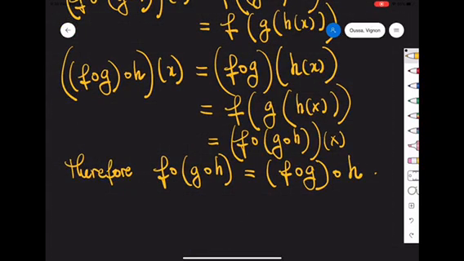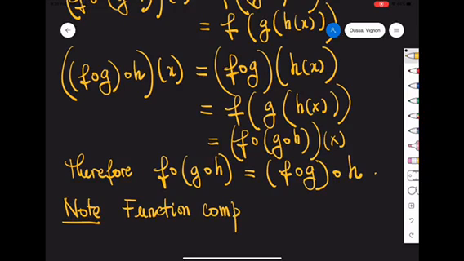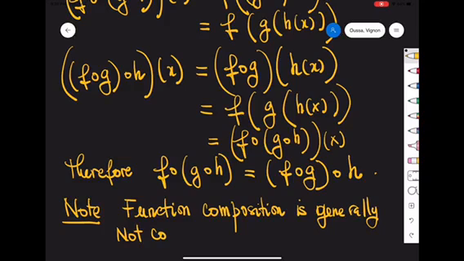Now, it is important here to notice that composition of function is generally not commutative.